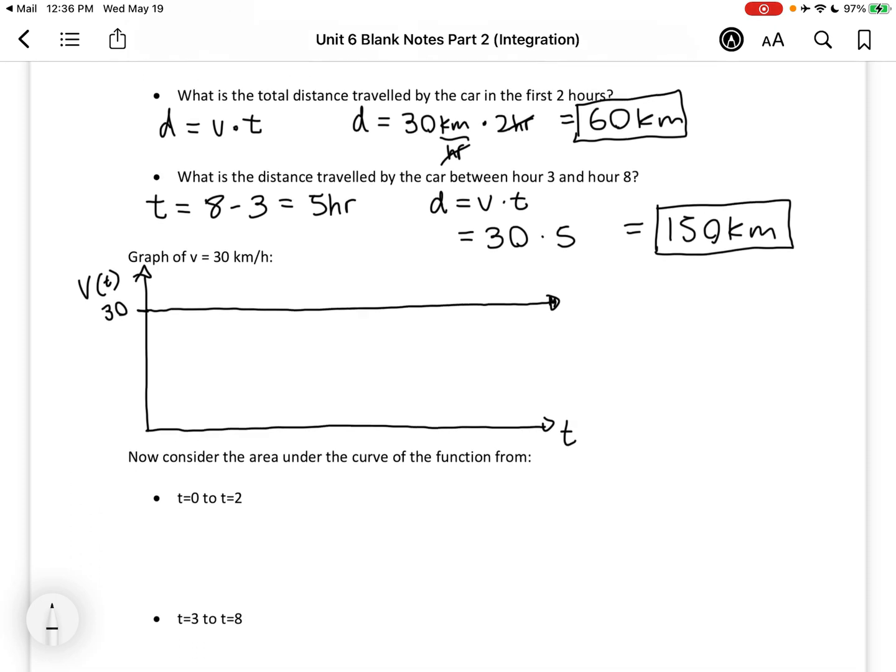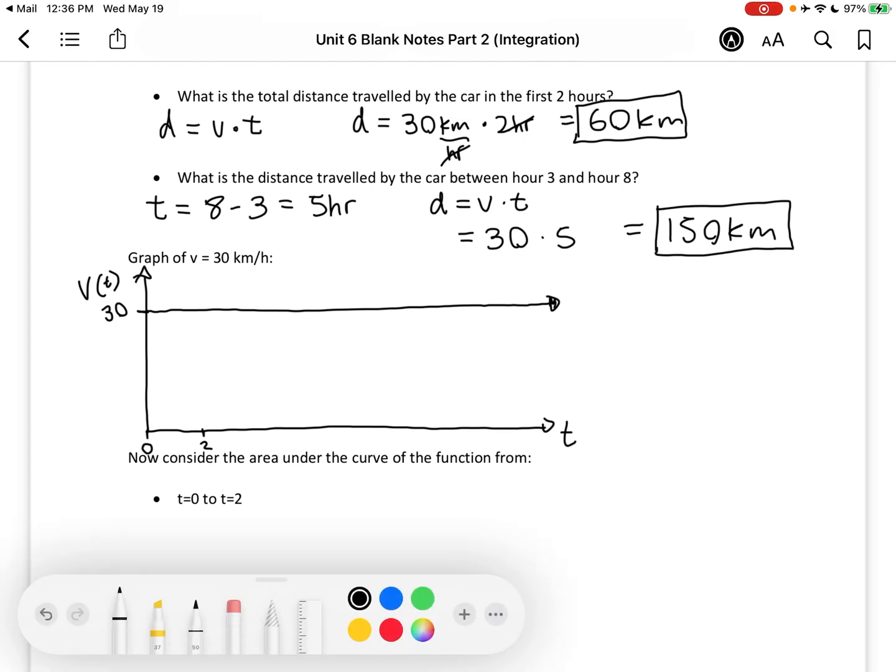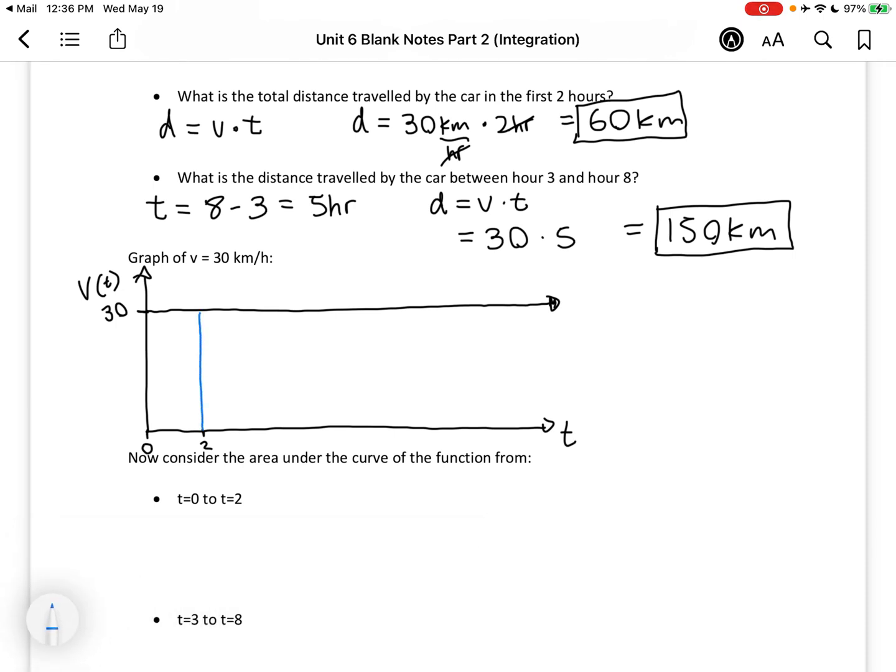And what we're going to do next, now this might seem a little odd, but we're going to do it anyway, is consider the area under the curve from time equals 0 to time equals 2. So here's 0, here's 2, and we're going to look at that area. I'm going to switch colors. And here's the area that we're going to be considering.